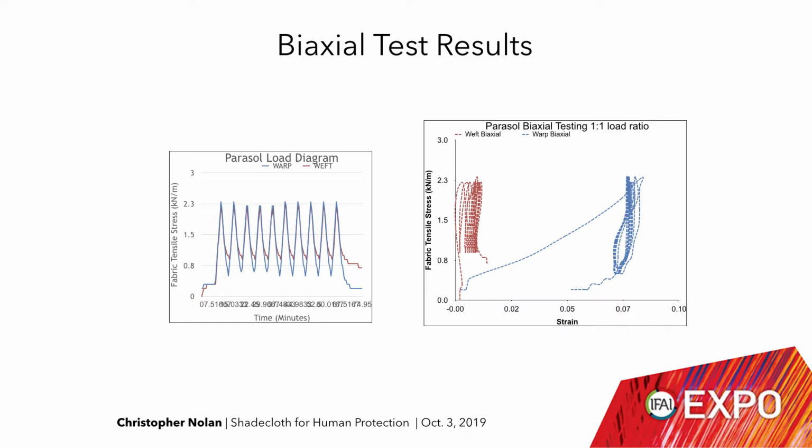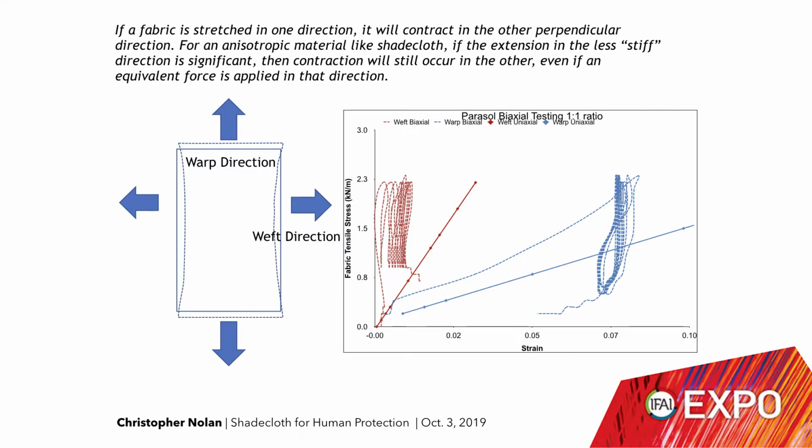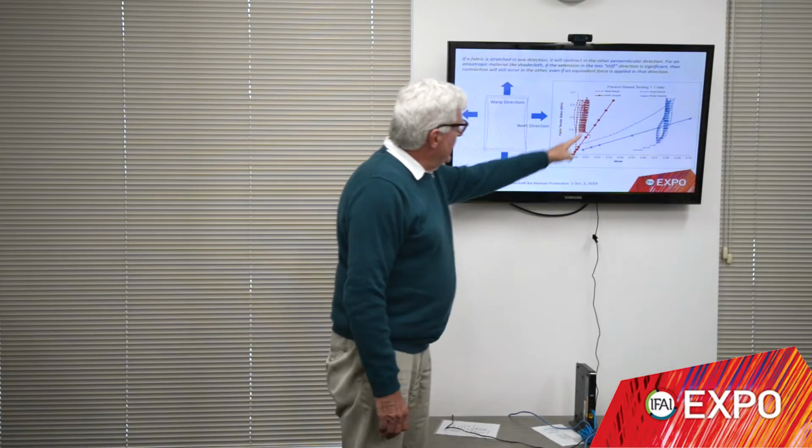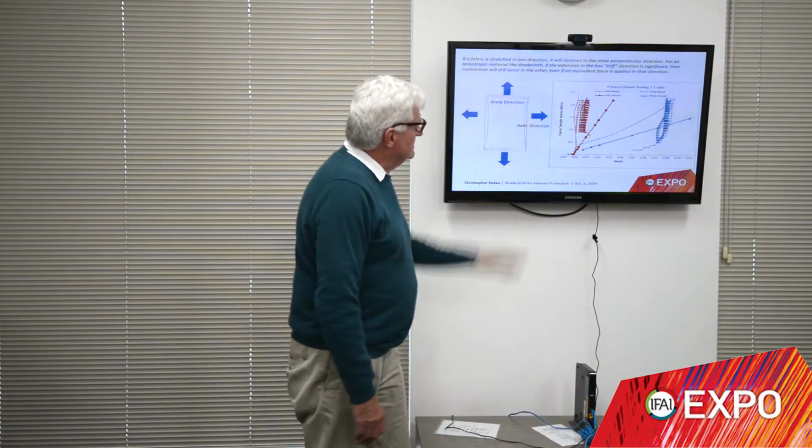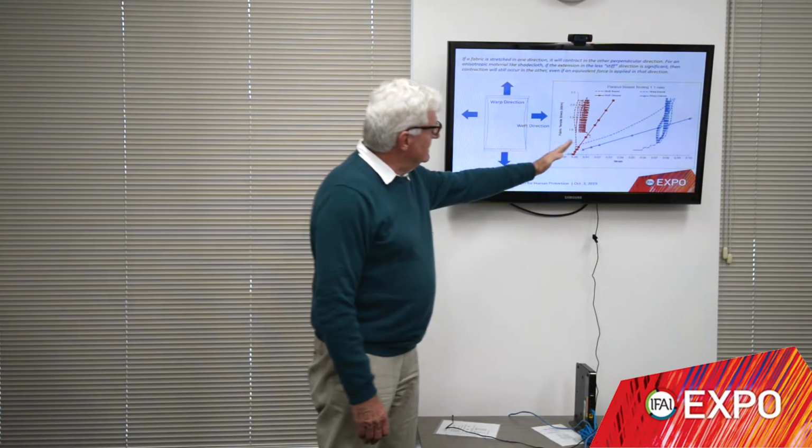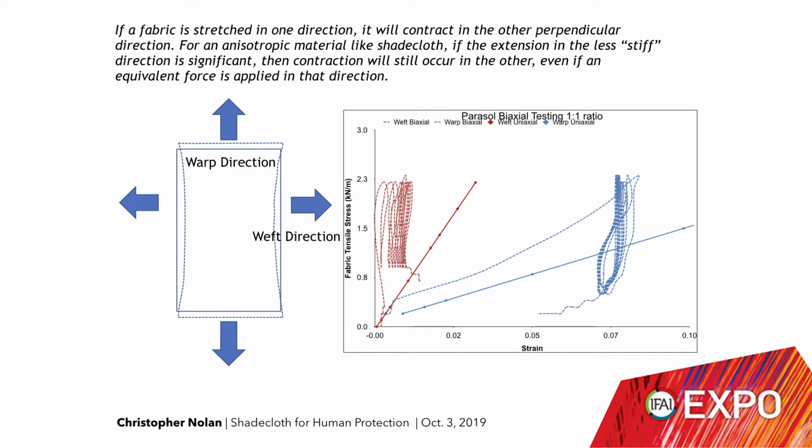And this is more obvious if you superimpose the uniaxial results on the diagram. You can see the slope of the uniaxial line is approximately the same as the biaxial line in that context. But here, in the biaxial test, the fabric has become much stiffer as it turns. In other words, the elastic modulus changes very significantly.